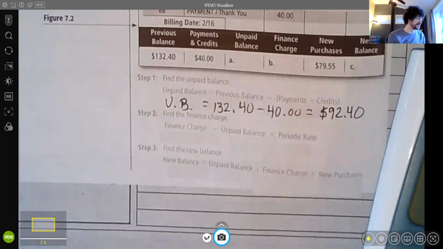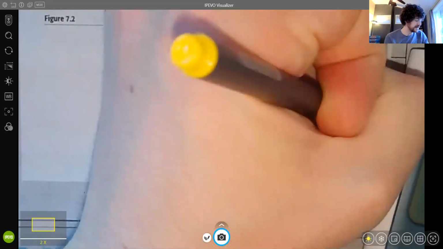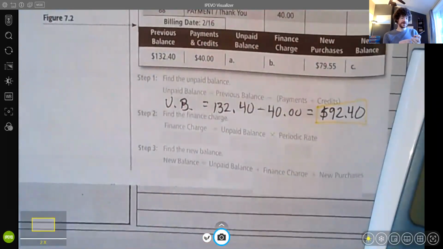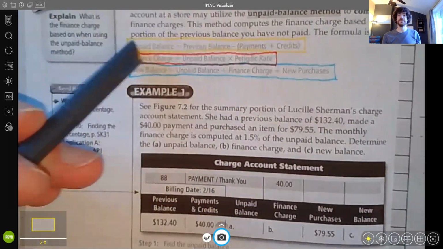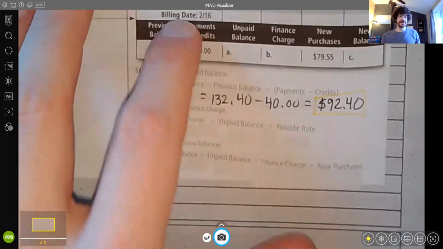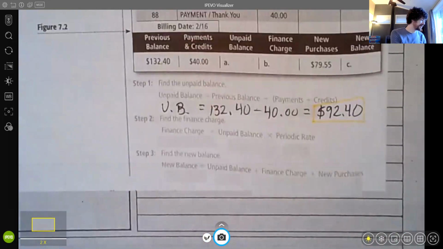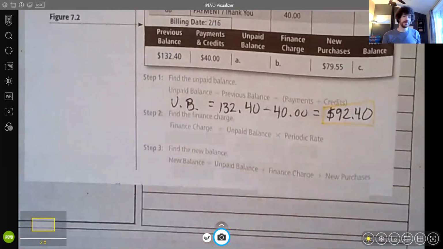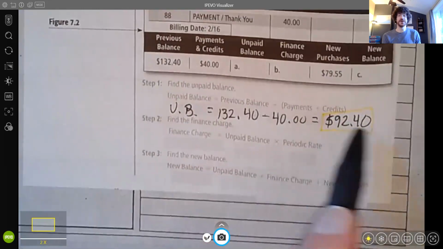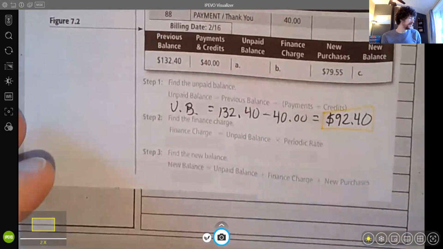That is our unpaid balance. I'll just go ahead and highlight this in yellow, just as a reminder to match it up with the one that I made up in yellow up here. So unpaid balance is just a subtraction problem. That means that the amount that wasn't paid for, that was left over on the credit card, that was not paid on time, is $92.40.